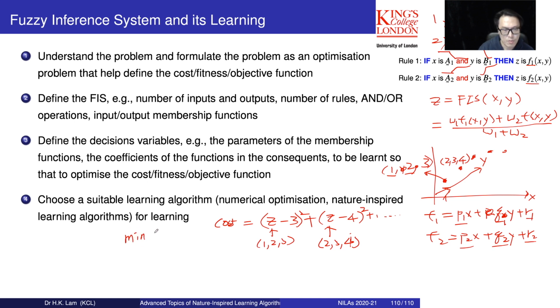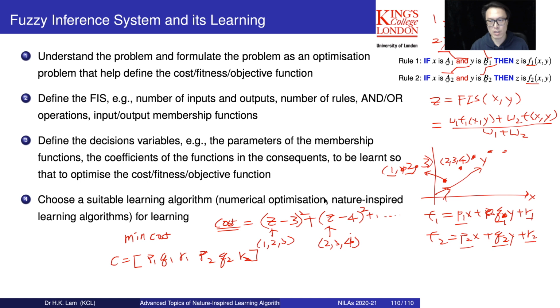So our problem becomes minimize the cost, defined right here, and the chromosome structure would be P1, Q1, R1, P2, Q2, R2.